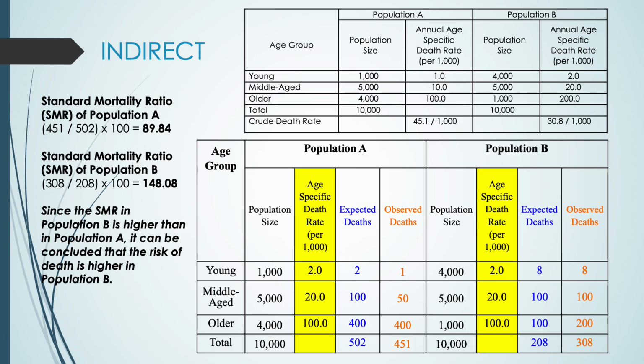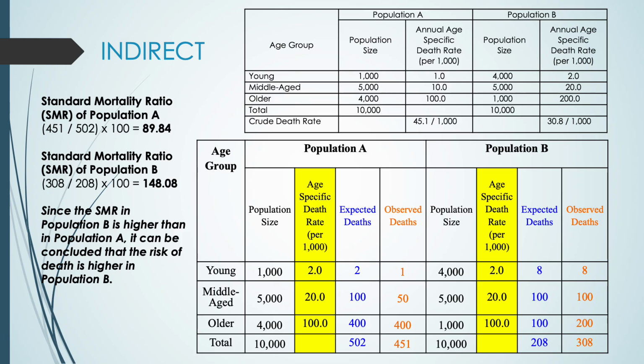The observed deaths in red font are the original annual age-specific death rate values in the actual case as given in the first table above. And just the same, we multiply the population size to the actual annual age-specific death rates.